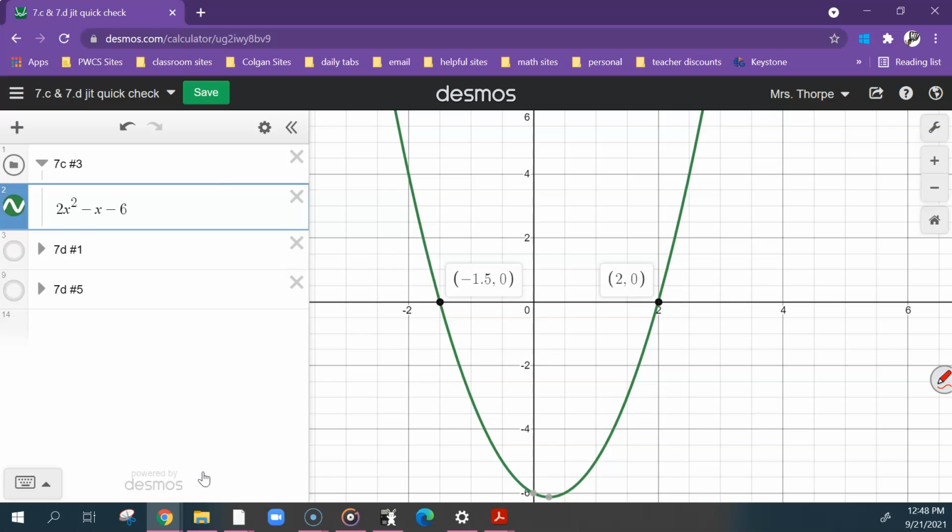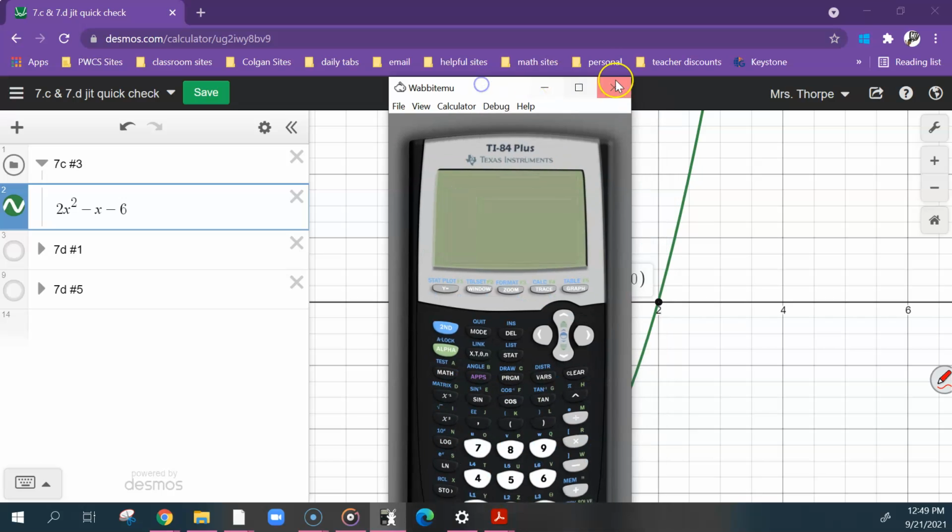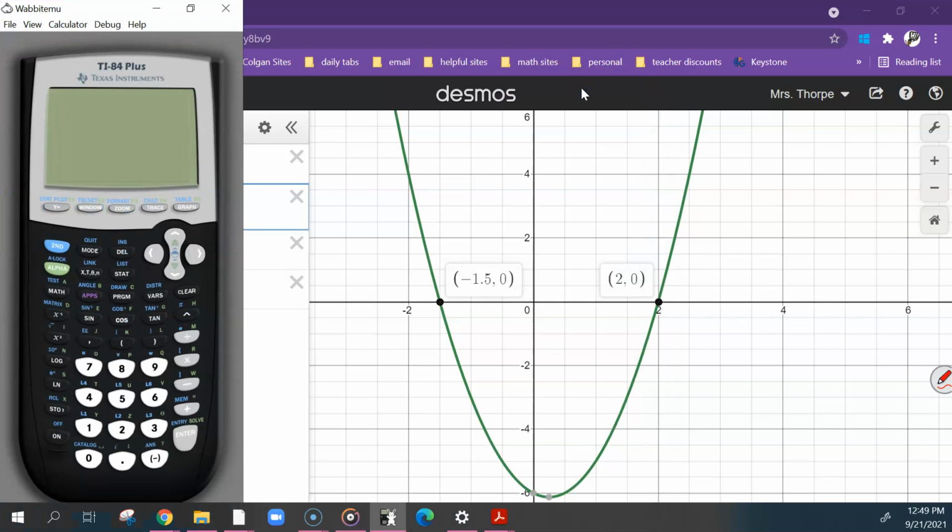If you have your calculator with you, I'm going to show you how you would do it on the calculator. You can follow along that way. The calculator I have is kind of small and not over here. I'm in the process of trying to get a more full screen one, but I don't have that right now.